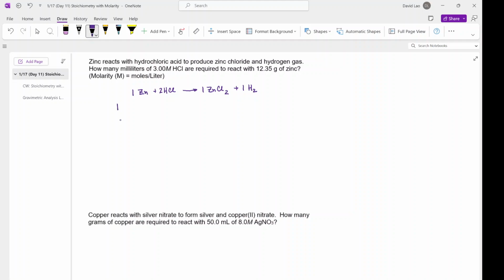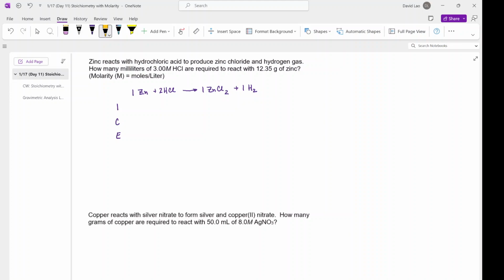So let's go ahead and begin constructing our ice table, business as usual. Now, there's something I'm going to allow from this point forward: when you read through the problem, if there are certain boxes in the ice table that you don't need to fill out in order to answer the question, then just don't fill them out. In this specific example, it's asking for the amount of the starting reactant that we need.